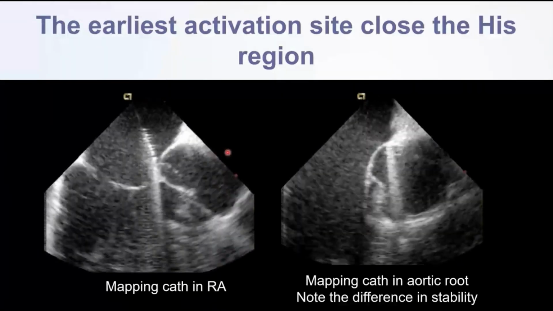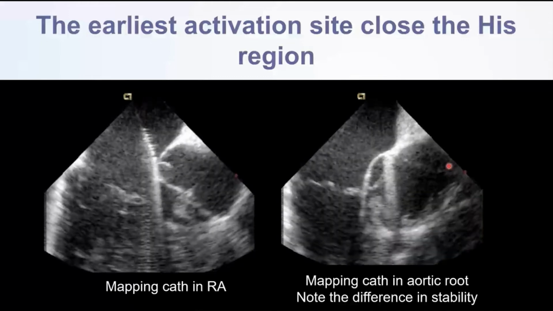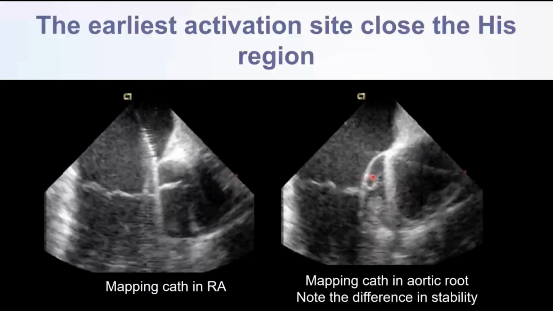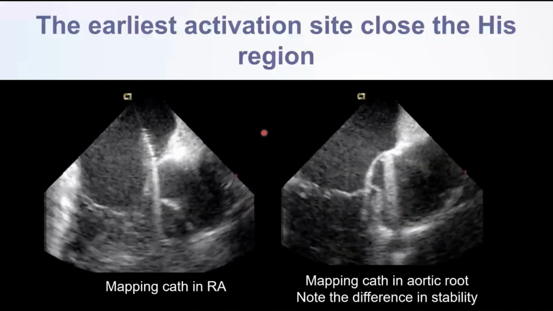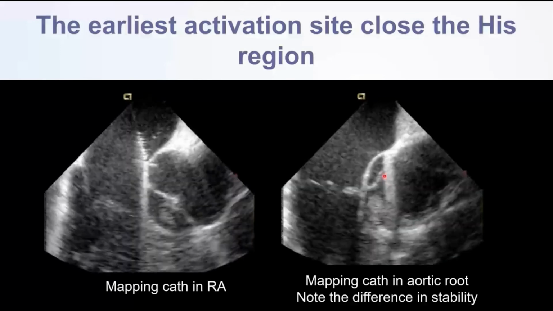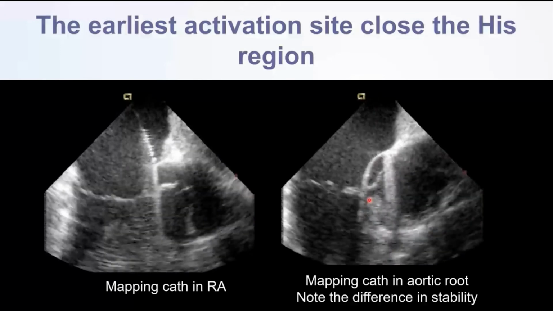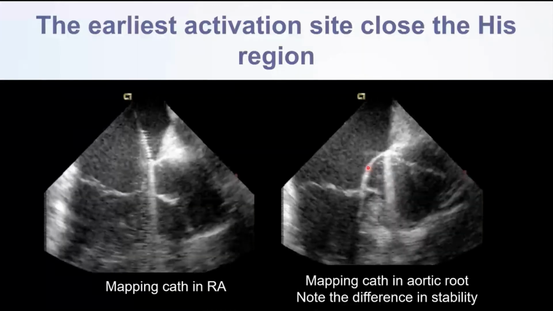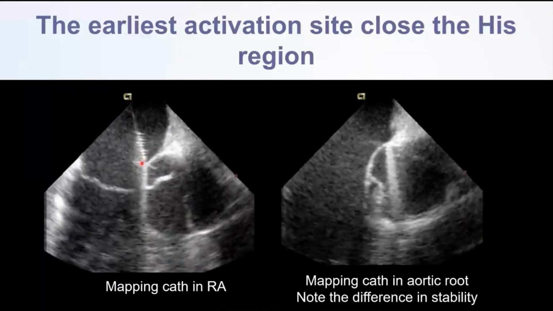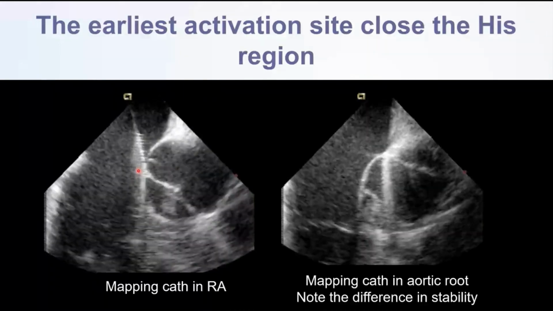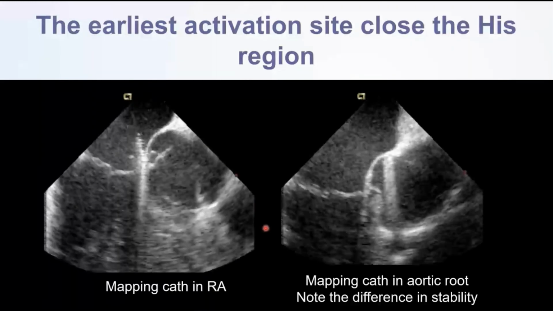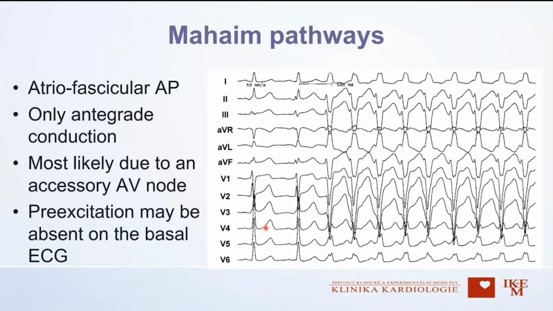But if you go from the other side and you stick your catheter from the aorta down here, where the location would probably be for the parahisian pathway, you can have much more stability, and usually you are not able to damage the AV conduction from the non-coronary cusp. At least I haven't seen any damage from there. Obviously, it's easy to do some damage if your catheter is in this location. So that may be a trick for some of those accessory pathways that may be accessible out there.